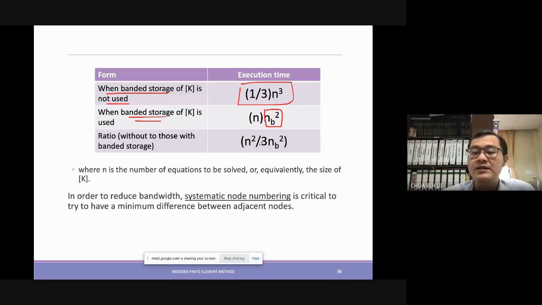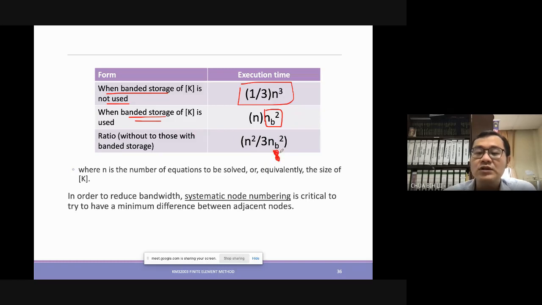The lower part is the banded storage. So we will get a ratio of n squared divided by 3 nb squared, right? So if we take an example, like, let's say the previous one, okay? We get the NB is 8.